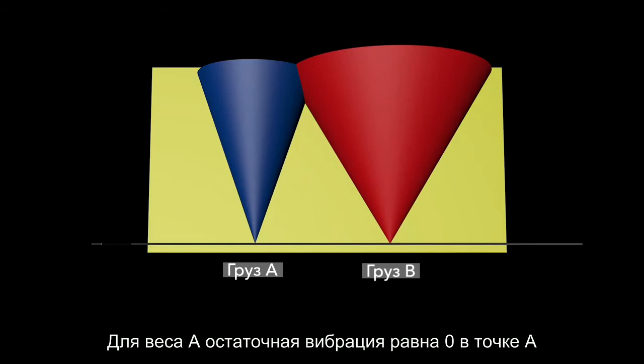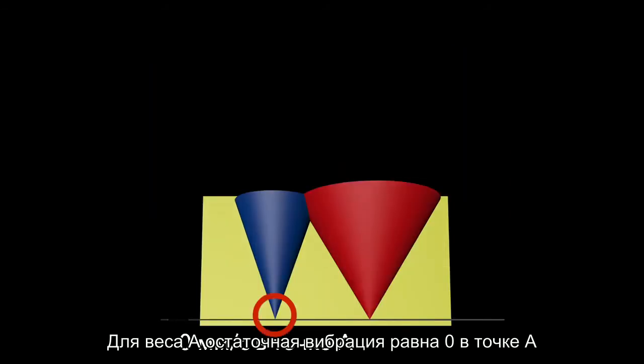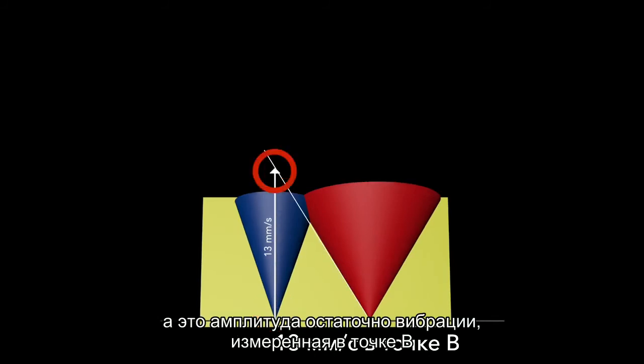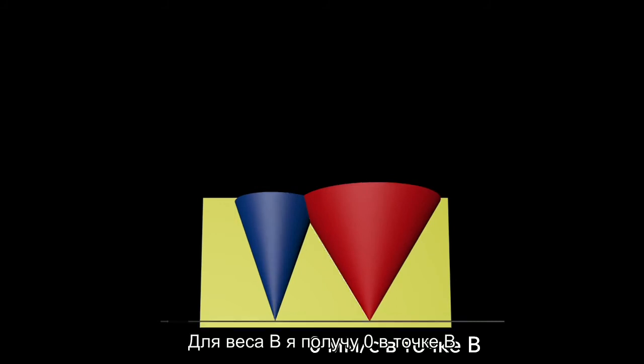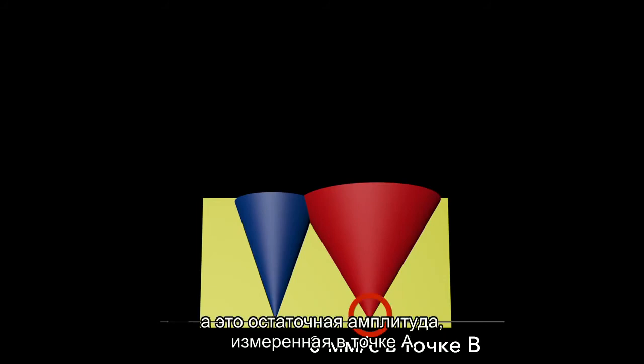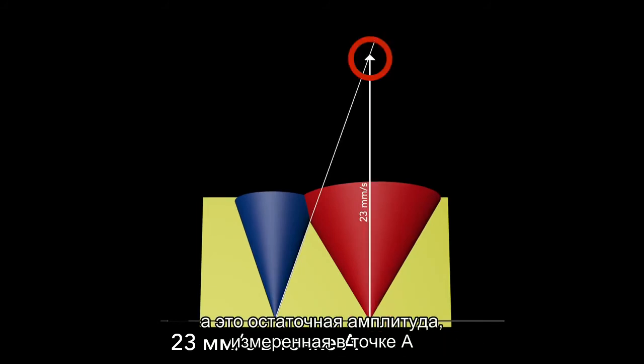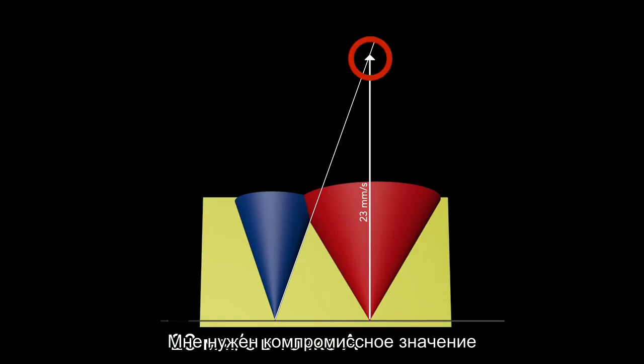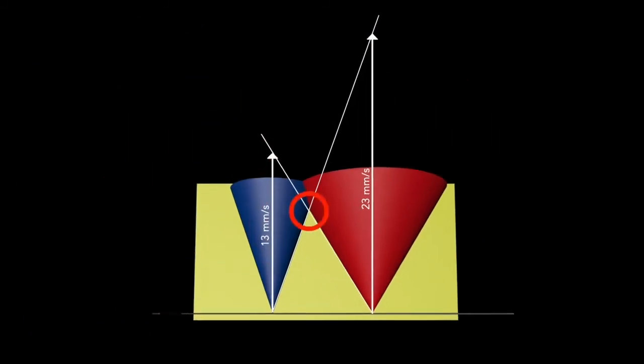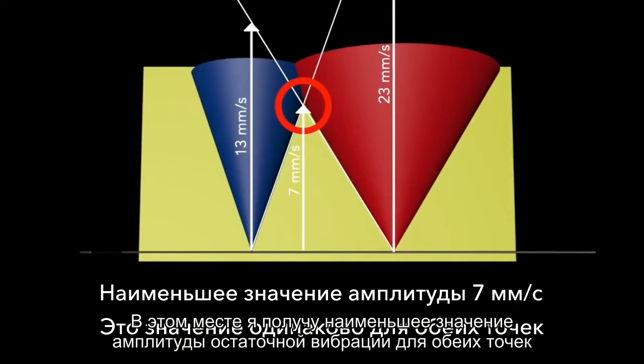For mass A is the residual vibrations equal 0 in point A, and here is the residual vibrational amplitude measured in point B. For mass B, I get the 0 in point B, and here is the residual amplitude in point A. I need the compromise, and it is here. In this position, I get the lowest residual amplitudes in both points.